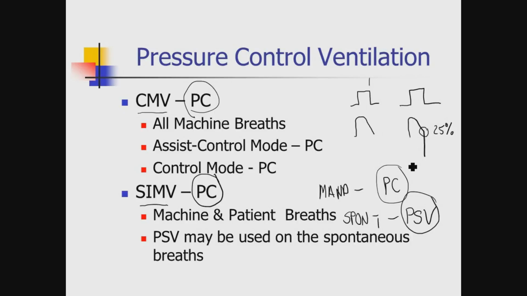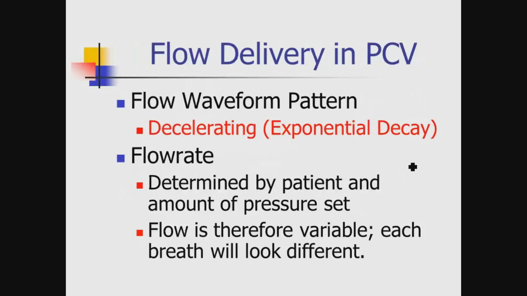Is it ending because an inspiratory time has elapsed, or because the inspiratory flow has slowed down to a preset point? Very subtle difference. But they're both pressure-based breaths, and by definition tidal volume and flow rate are variable. Clear as mud? Just about. Okay, good.